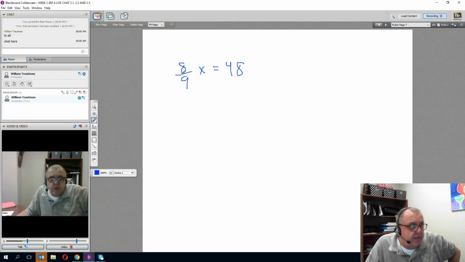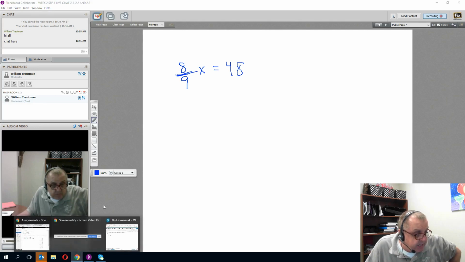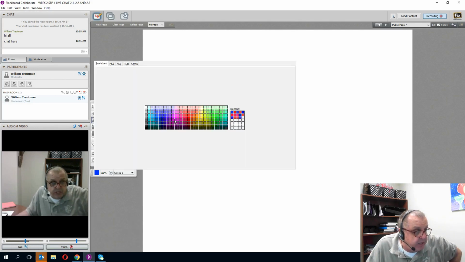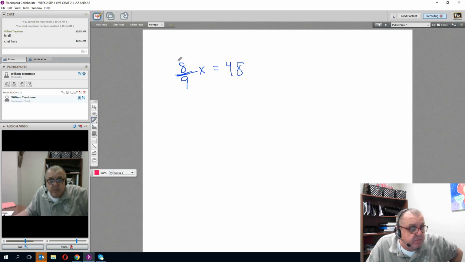Do you see, what is this 9 doing to the x? It's dividing. So the opposite of dividing by 9 is multiplying by 9. I'm going to multiply this side by 9. I'm going to multiply this side by 9.